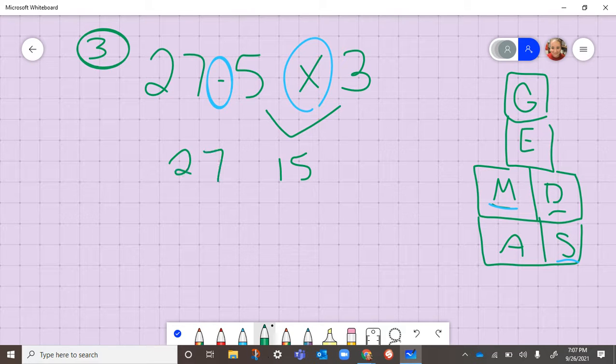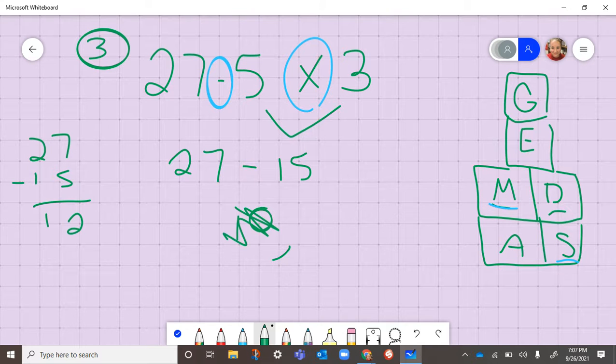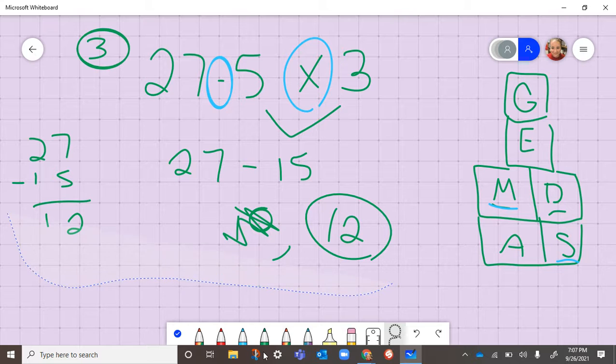I bring down the 27 minus 15. Over here to the side, 7 minus 5 is 2, and 2 minus 1 is 1. So that should be 12 for number 3.